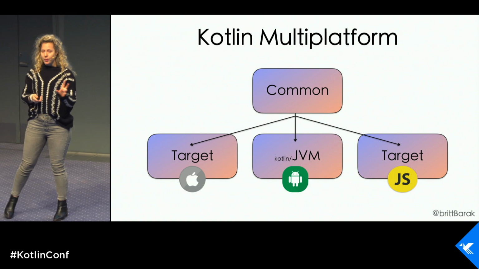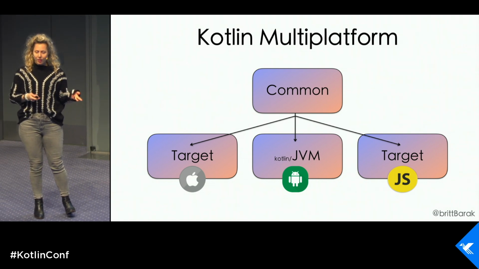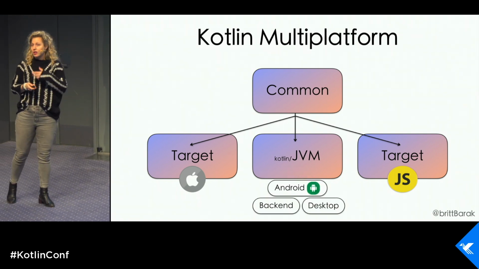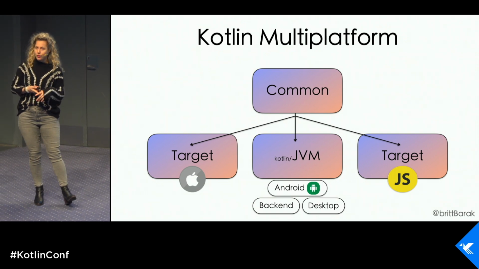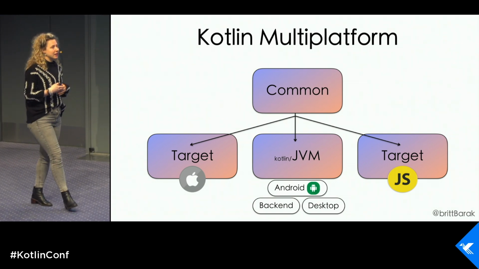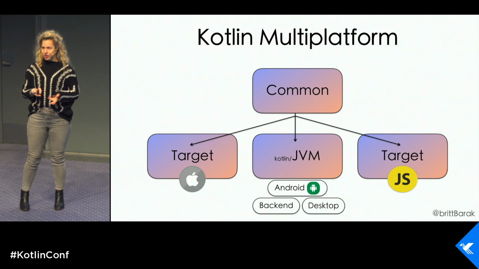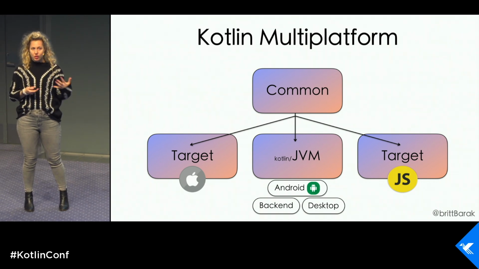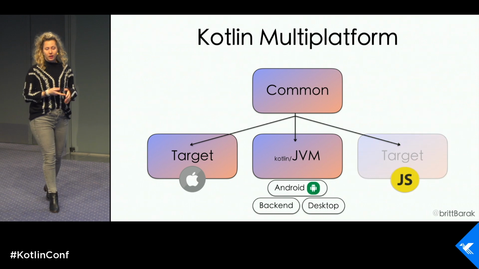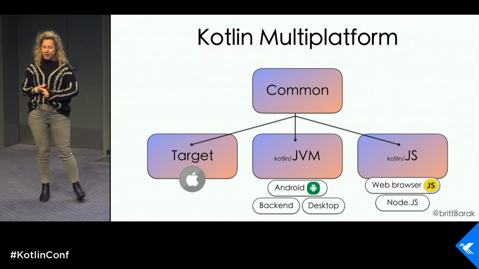This is one type of flavor that we can use. As I mentioned, it's very commonly used for Android, but not only. Any backend or desktop applications that use the JVM can use it as well.